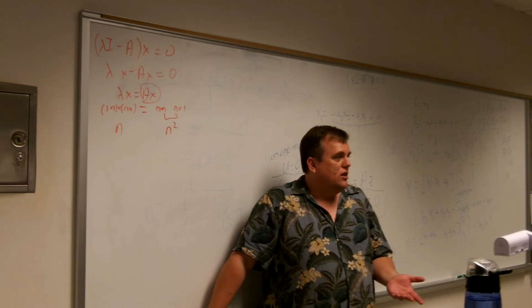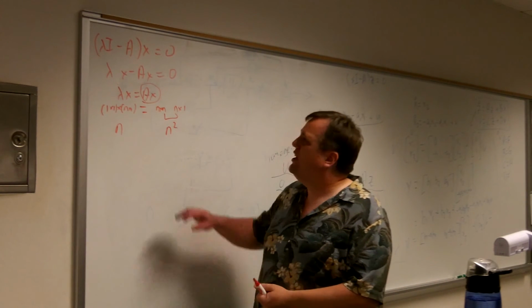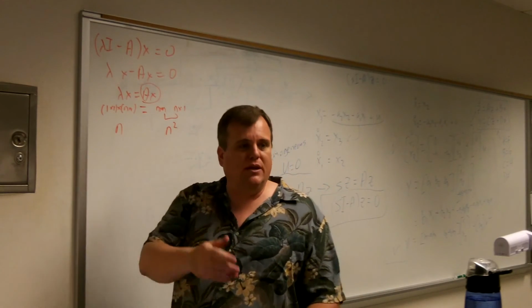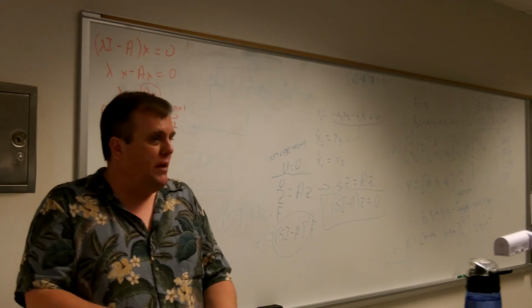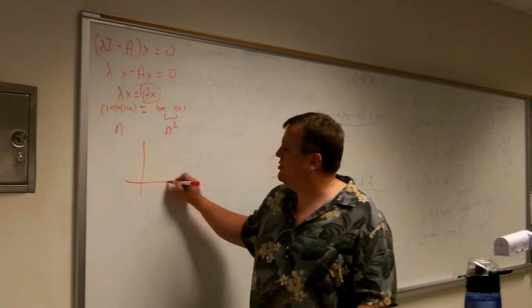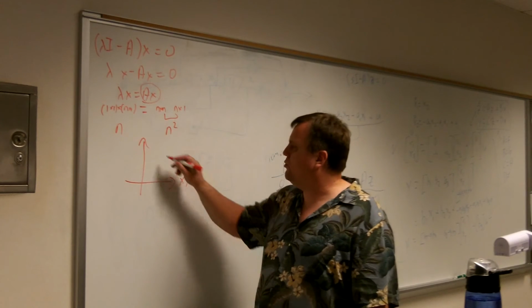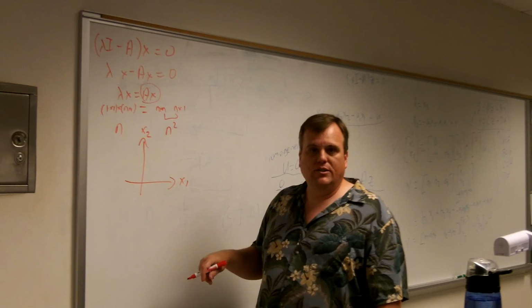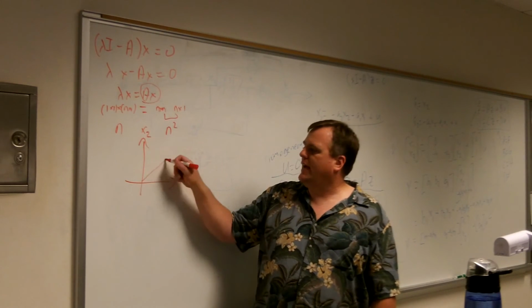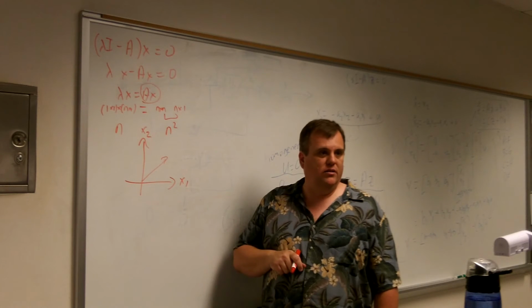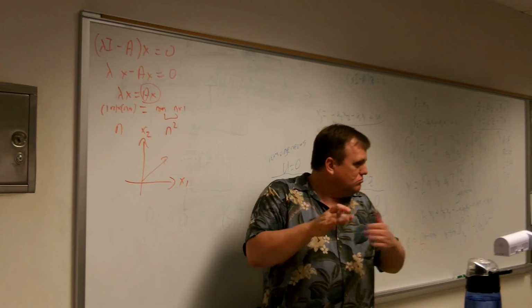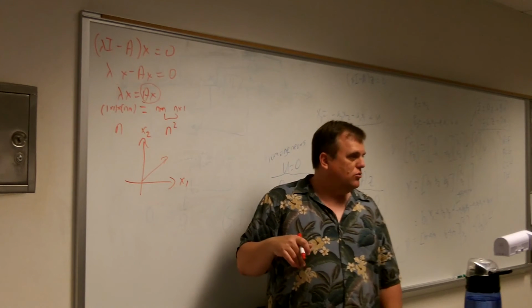Now what this is telling you is there are some vectors out there that, when you apply the matrix to them, just give you a scaled version of the vector back. Imagine some two-dimensional space where you just have two components, x1 and x2, and this particular vector x is pointing out this way. Whatever my eigenvector is, it's some combination of x1 and x2.